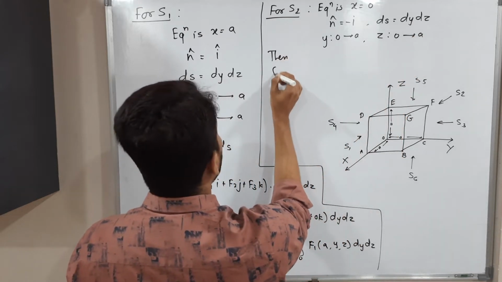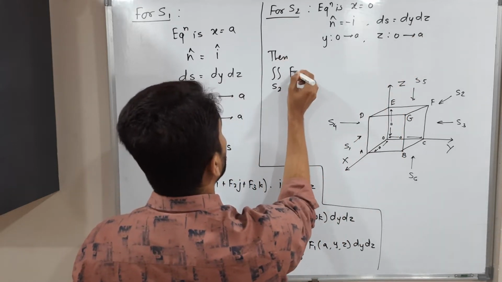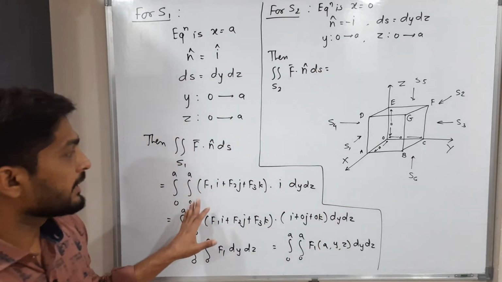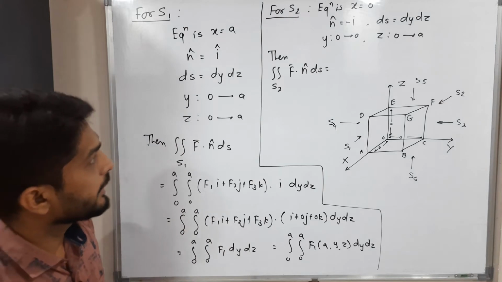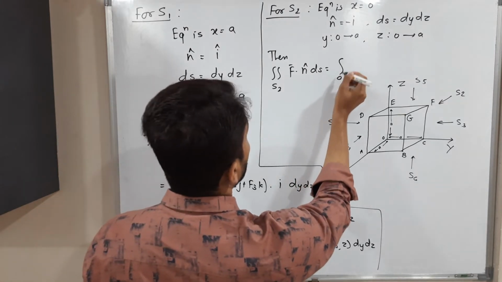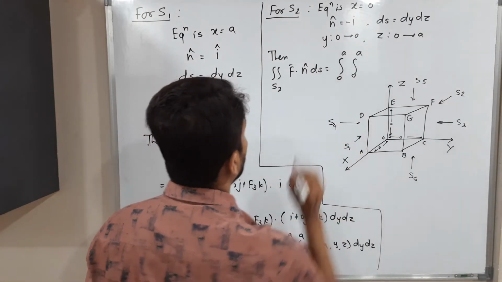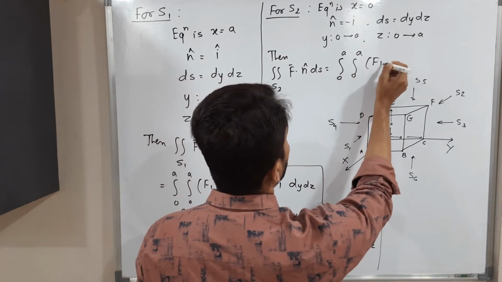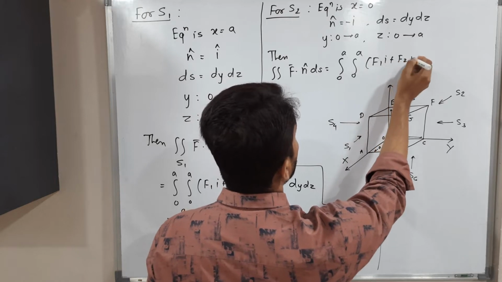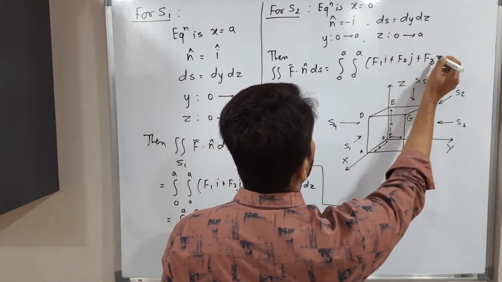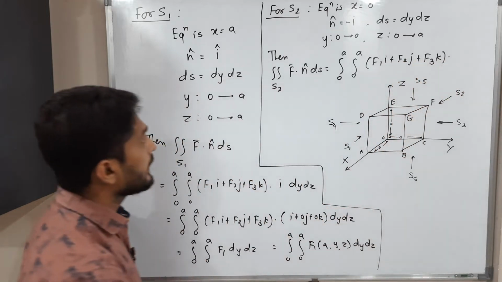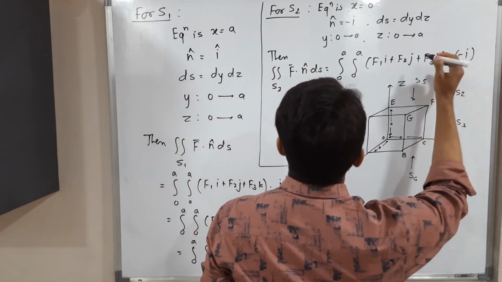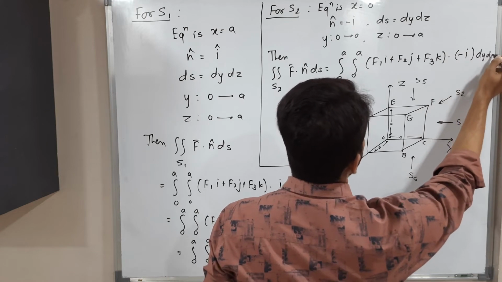Then the double integration over S2 of f bar dot n cap ds, I should do the same, from 0 to a, 0 to a. f bar is the same, f1 i plus f2 j plus f3 k, dot n cap which is minus i, and ds is dy dz.